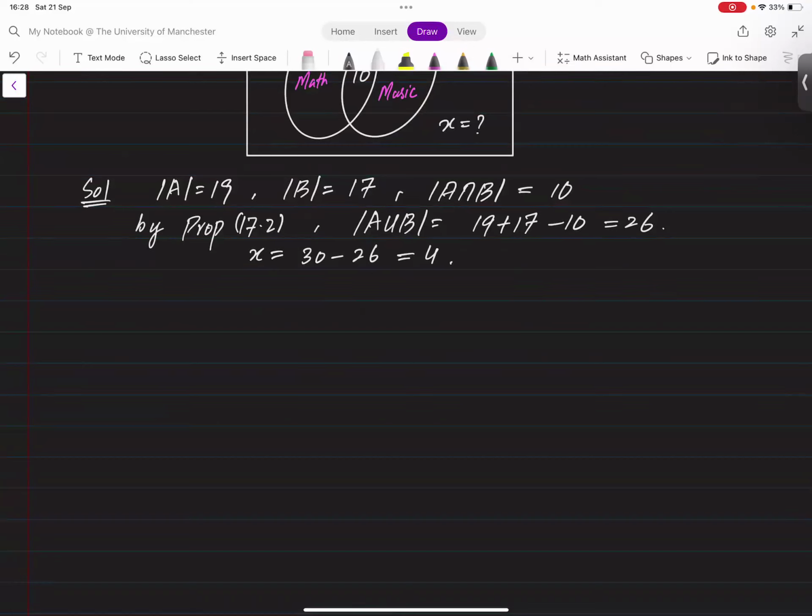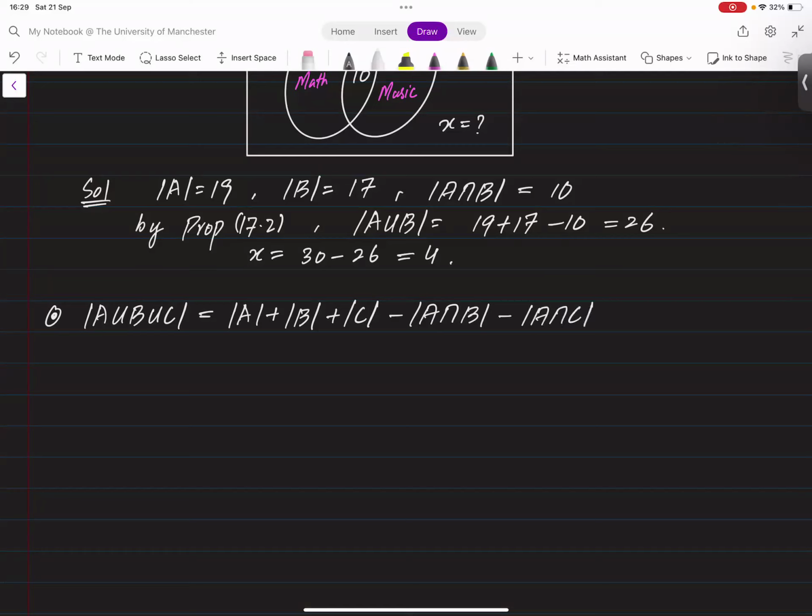Let's extend the proposition for 3 sets. So order of A union B union C is nothing but order of A plus order of B plus order of C minus order of A intersection B minus order of A intersection C minus order of B intersection C, and plus order of A intersection B intersection C. Okay.